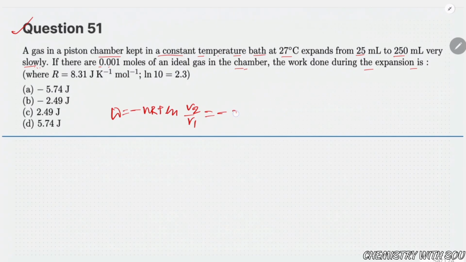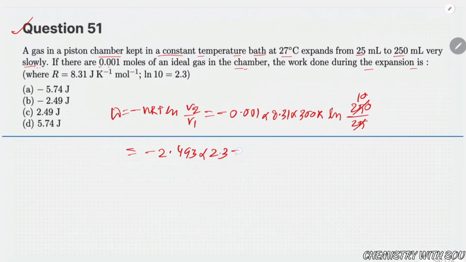That is minus 0.001 into 8.31 into 300 K, and ln of 250 by 25, this is ln 10. The final calculation is minus 2.493 into 2.3, this is minus 5.74 joule. So option A is correct.